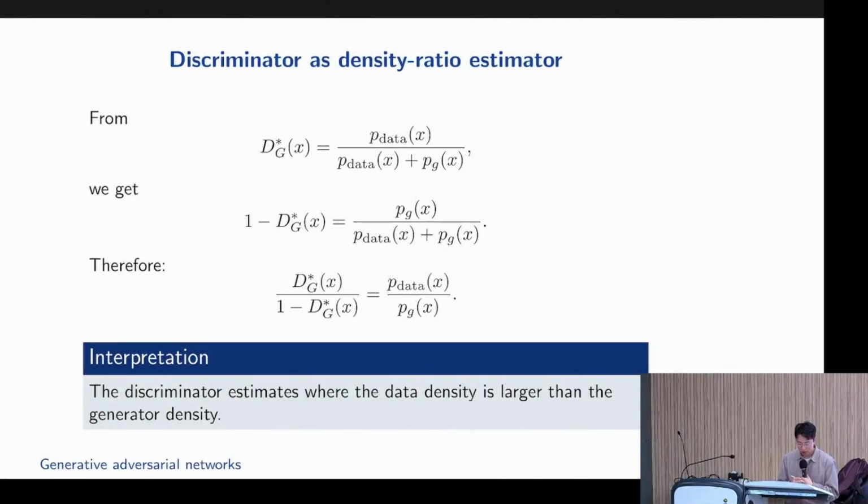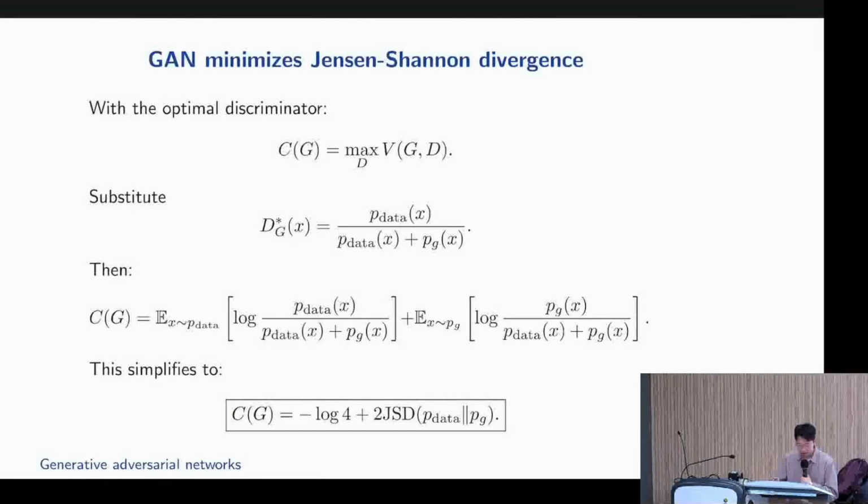Okay, so yeah, I'm going to skip this slide. Now let's plug our optimal discriminator back into our objective and look at it in terms of the generator optimization.